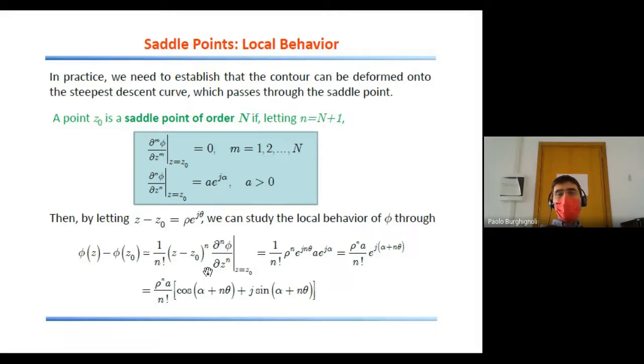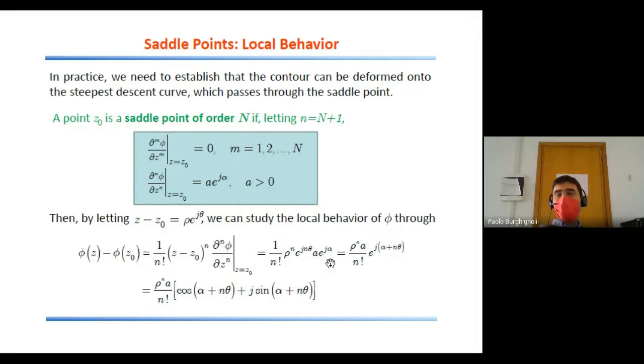And that term has the form 1 over n factorial times the nth power of z minus z0 times the nth derivative of the function phi evaluated at the saddle point z0. Or, in other terms, given our positions, we have rho to the nth power, e to j n theta, and those two terms come from z minus z0, and then a times the exponential e to j alpha.